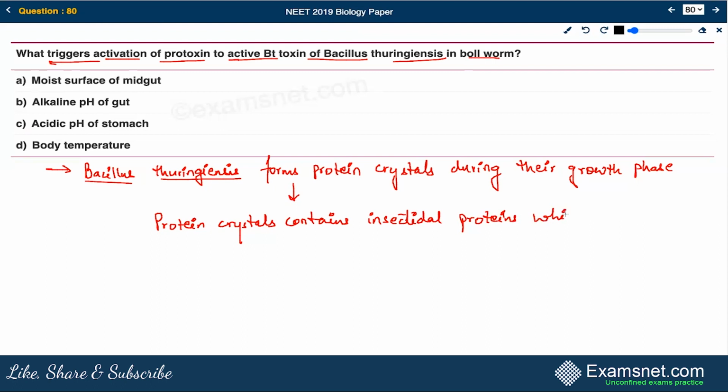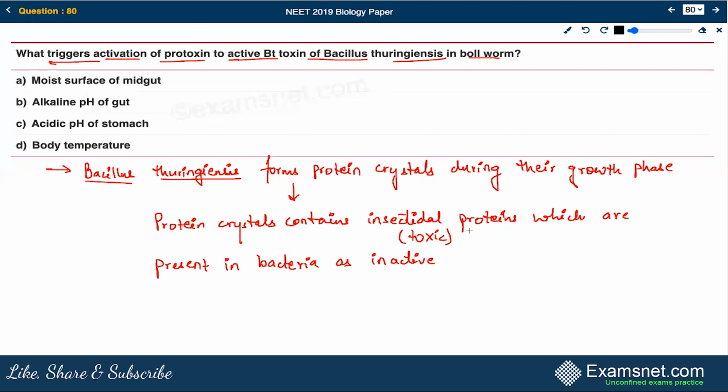These are actually toxic. All right. So insecticidal proteins which are present in bacteria as inactive protoxins.